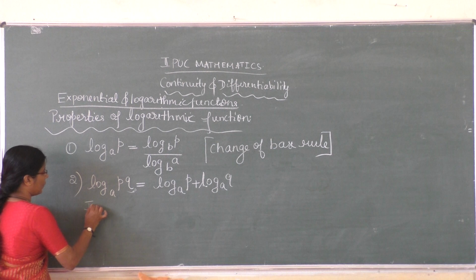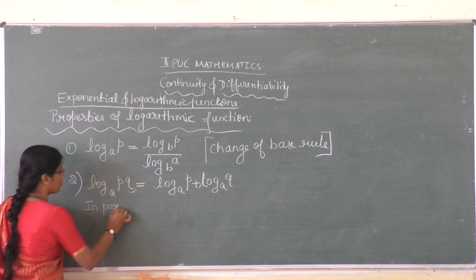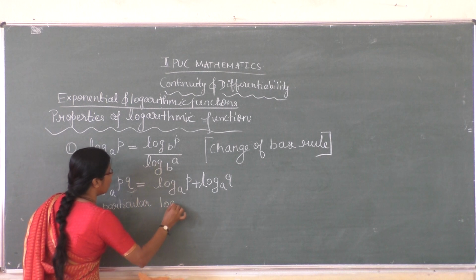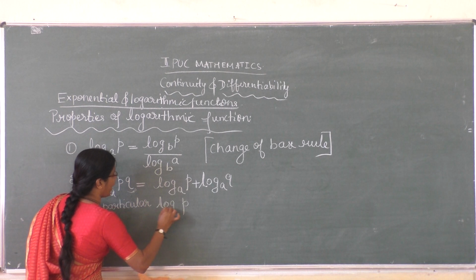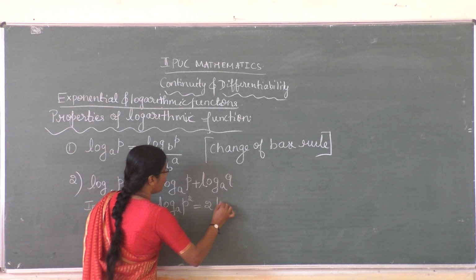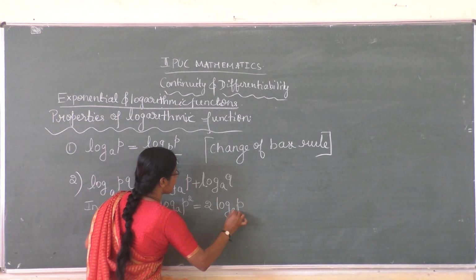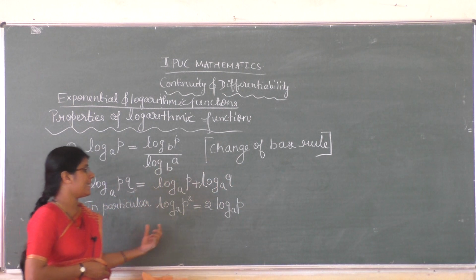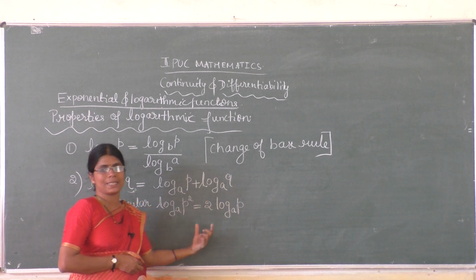So in particular, log p square to the base a is 2 log p to the base a.